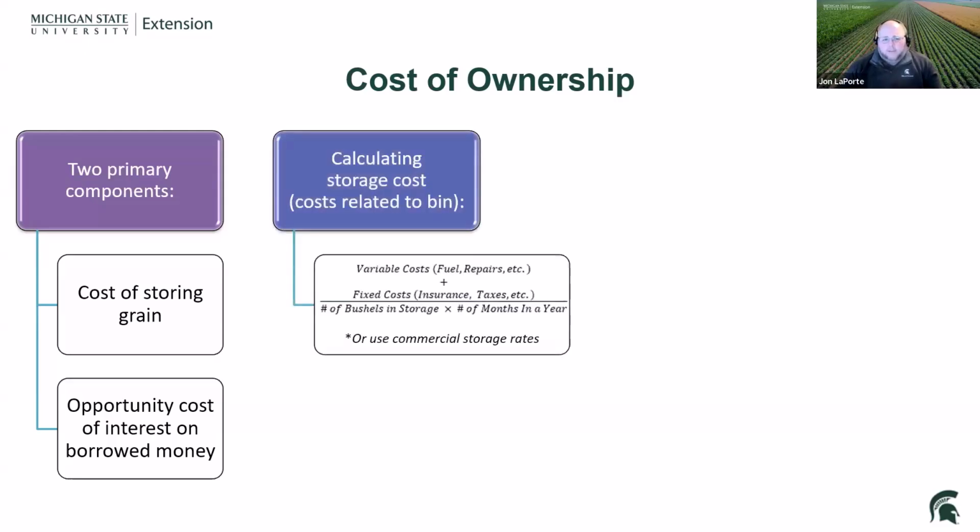For storage costs, this is actually pretty straightforward to think about. You've got really all the costs that go into keeping that grain in good condition in that bin. And that may be if you're trying to dry it down, trying to get it to an ideal moisture for storage. Corn, where we want to be around 15.5 maybe, or 15 percent moisture. And so if we're thinking along the lines of trying to get things to a storable moisture level, we've got costs of fuel.